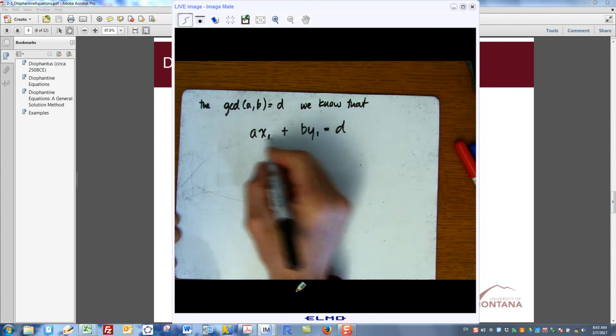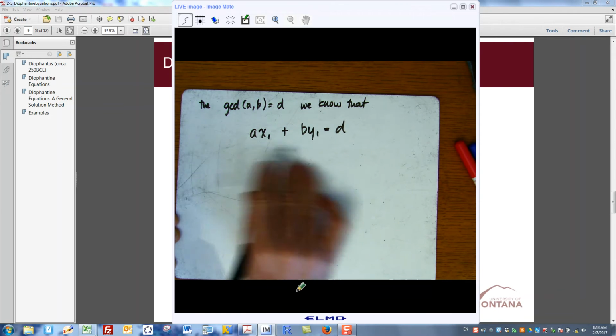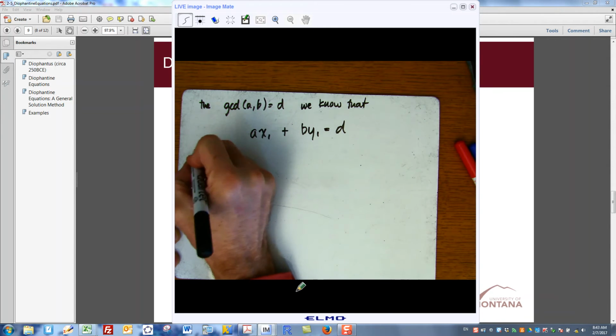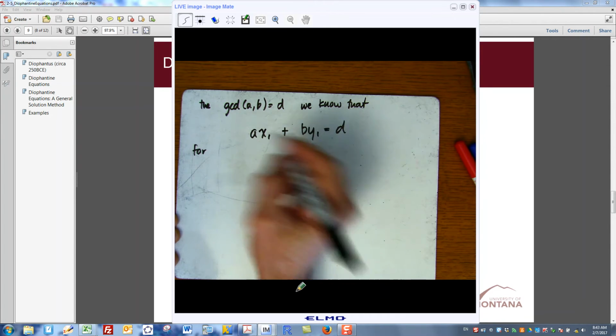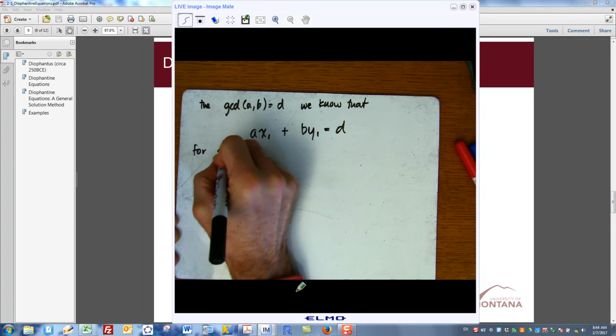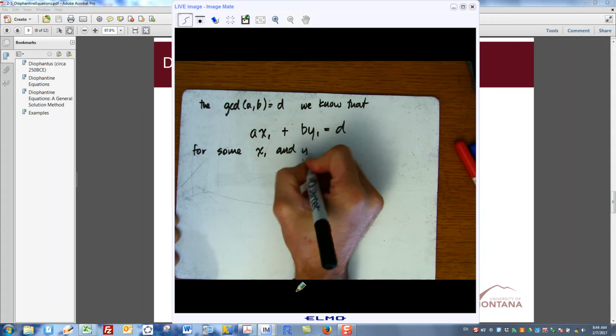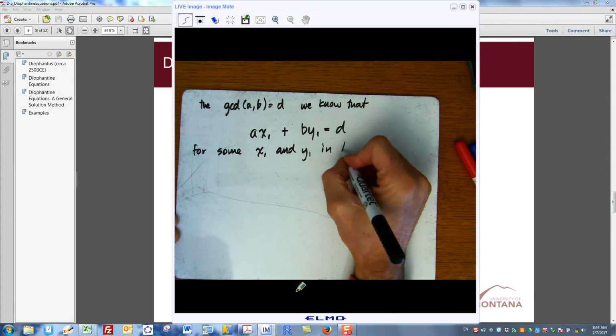You can always find an x1, y1 such that the linear combination of a and b is equal to d, the GCD. So that's from a previous theorem in our course. I should probably say what x1 and y1 are: for some x1 and y1 in the integers.